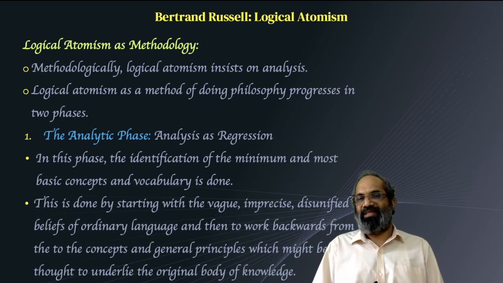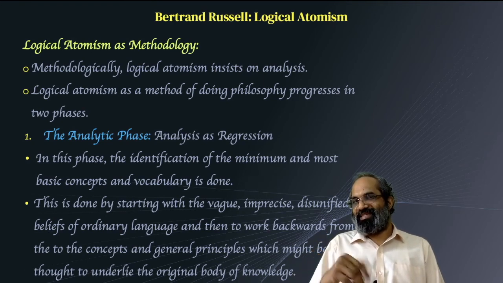This is done by starting with a vague, imprecise, disunified belief of ordinary language, and then working backward into the concepts and general principles which might be thought to underlie the original body of knowledge. A complex or vague concept used in ordinary language is taken, and we work backwards to the preconditions and find the essential underlying concepts within it.